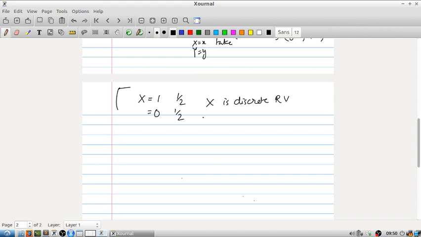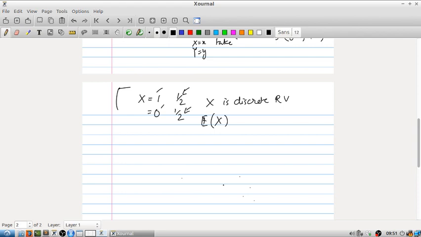And the expectation of x is typically with respect to its density function or the probability mass function. For a discrete random variable, I have pretty much enlisted what all values a random variable will take and with what probability. So with 1/2 probability it will take a value 1, and with 1/2 probability it will take a value 0. Those are the only two values that the random variable can take.